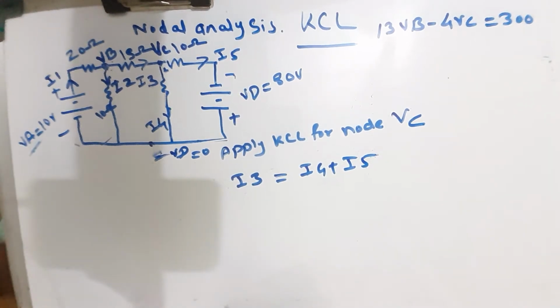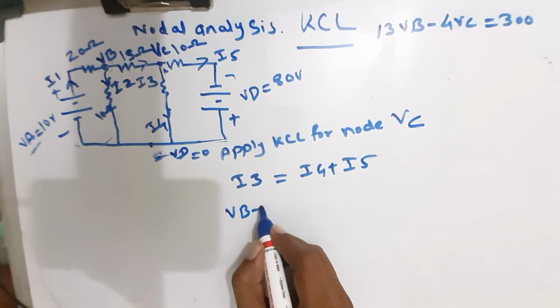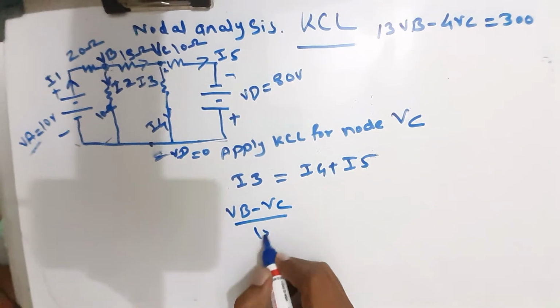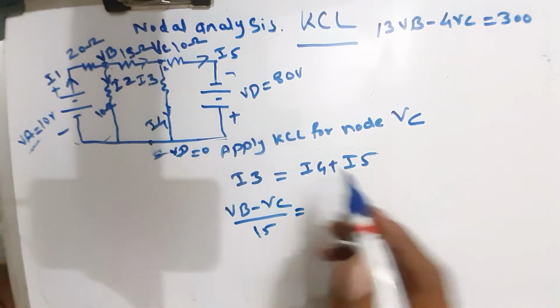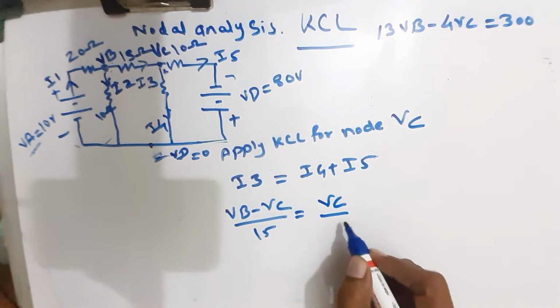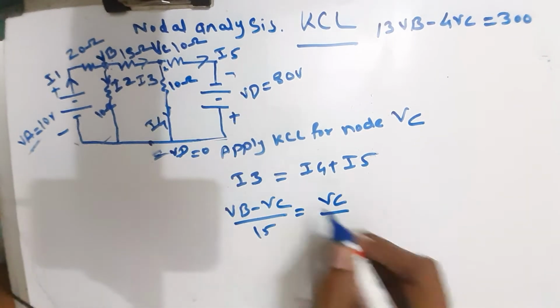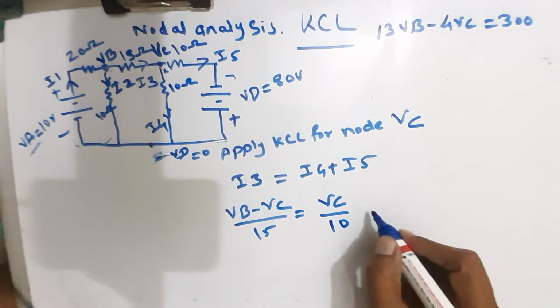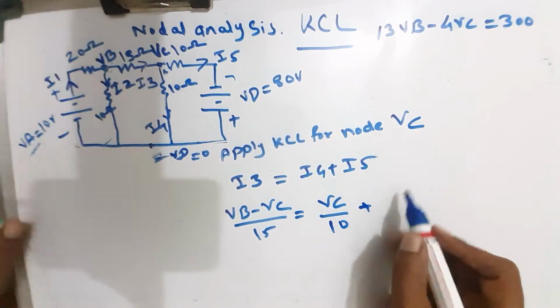I3 starts from VB and ends at VC, divided by 15. I4 starts from VC and ends at VD, so VC by the value, 10 ohm again, 10, plus I5, which starts from VC.